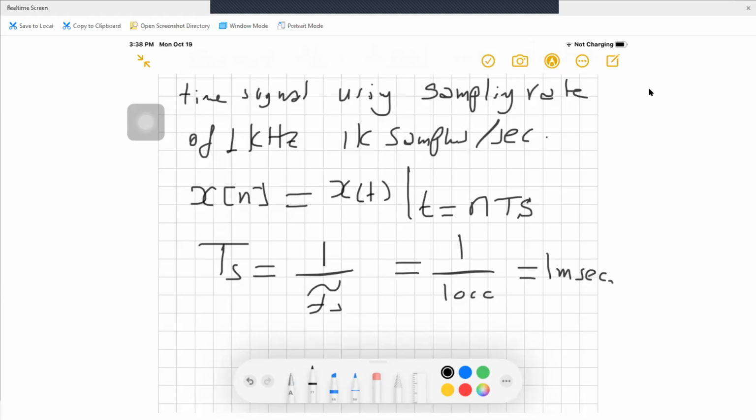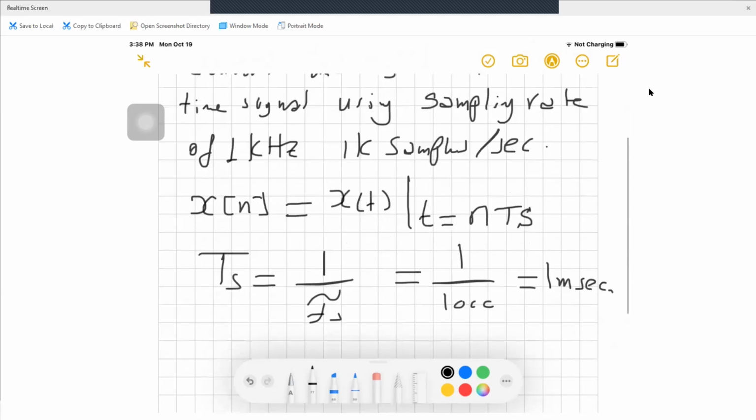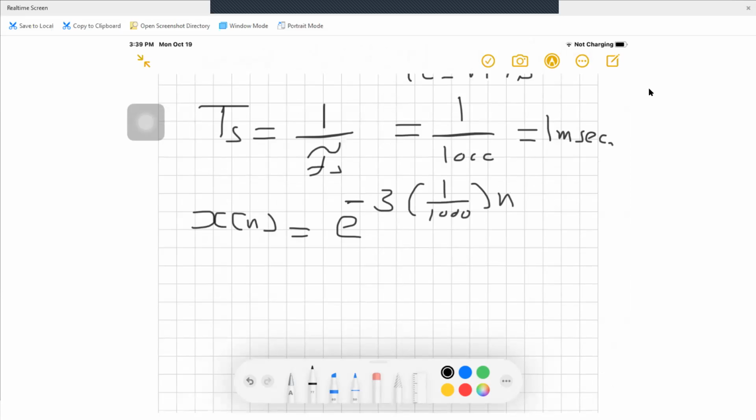So x of n will be e to the minus 3, and instead of each t, we put nTs, where the value of Ts is 1 over 1000. So it will be e to the minus 3 multiplied by 10 to the minus 3 n.